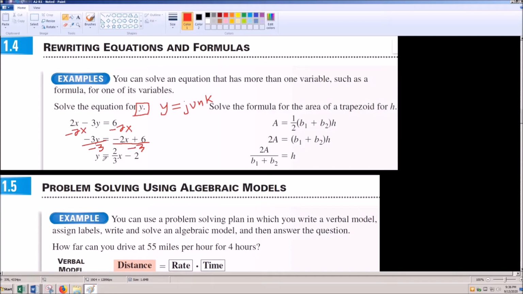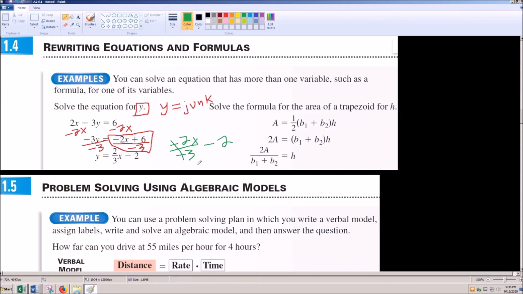My final answer here, I would say would be acceptable to leave like this, but if you wanted to split it out, let's split it out. So the first thing that splits out is I would have negative 2x over negative 3. The negatives are going to cancel off, so here's where we get our 2/3 x, and I got my minus 2 on the outside because I have my 6 divided by negative 3 gives me a negative 2.